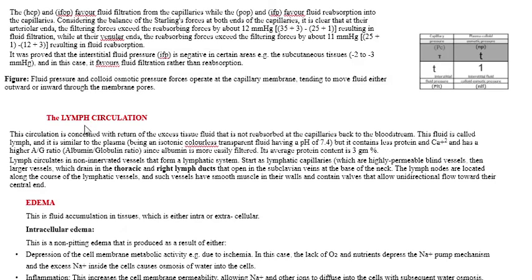We are talking now about the lymph circulation, which is present due to excess tissue fluid. So it can take the fluid that is more than usual, or fluid that can't be taken by the venules and veins to the heart, so the lymphatic tissue can take this fluid.